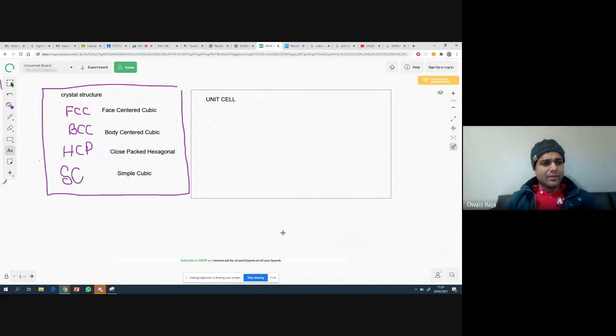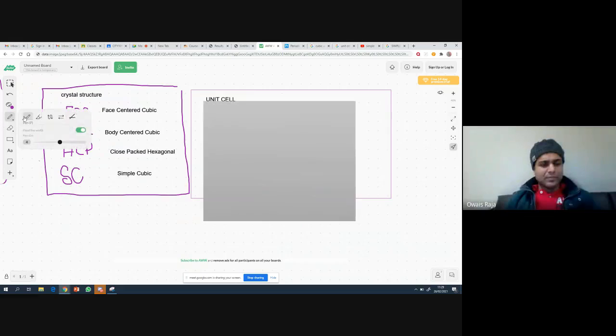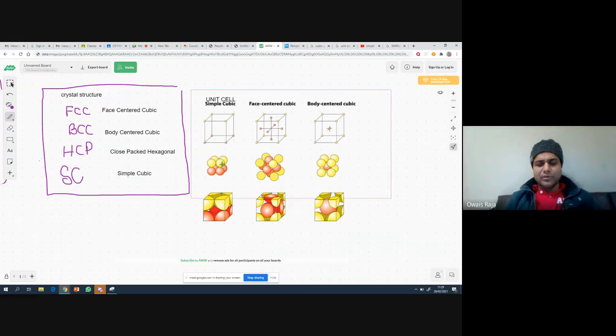Okay. Let's have a look at that one. A simple cubic unit cell. So this is a cube, in 3D. Now this atom in a cube, that atom in a cube, this atom in a cube. First, we need to imagine that it's in 3 dimensions.